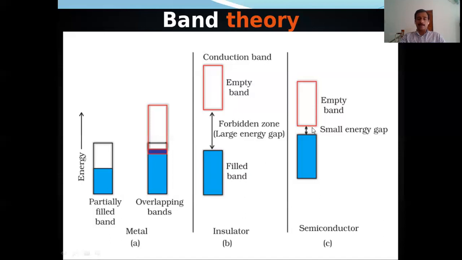And in this case, there is a small energy gap between valence band and conduction band. So, promotion of electron from valence band to conduction band is possible, but not as in the case of conductors. Here the bands are very close to each other, but there is a small gap.